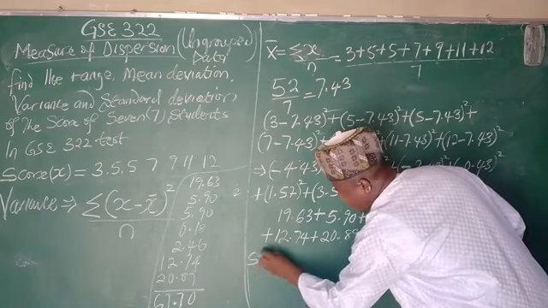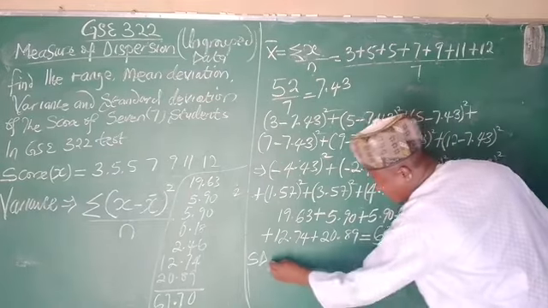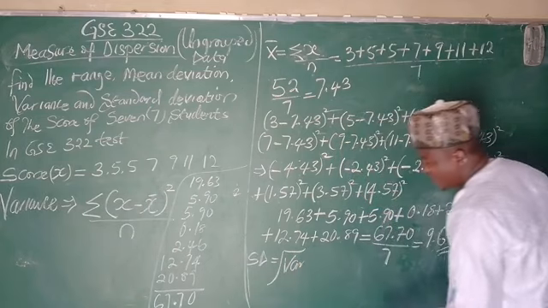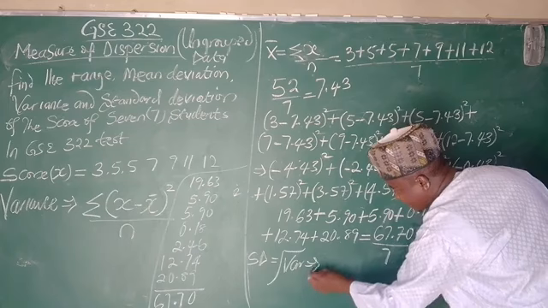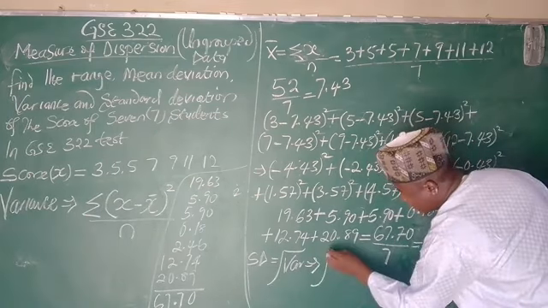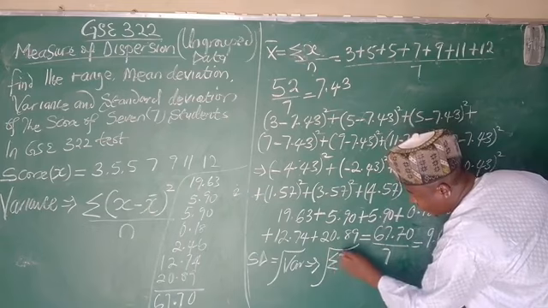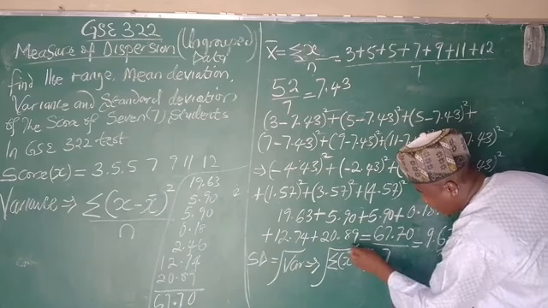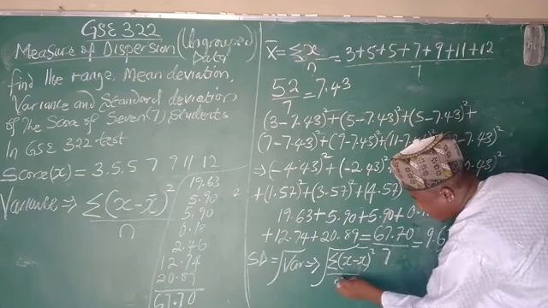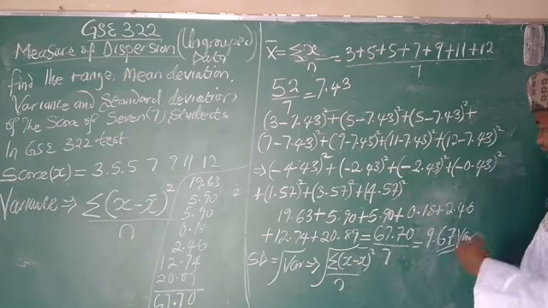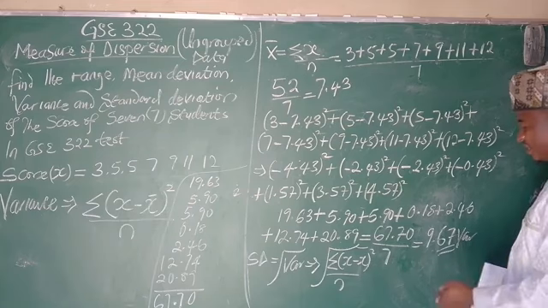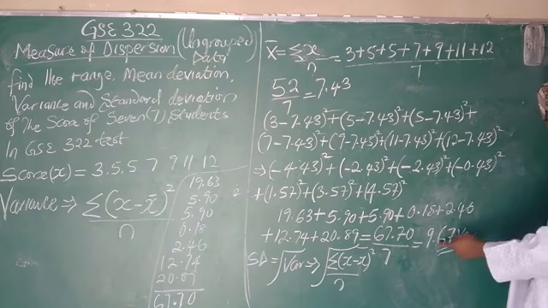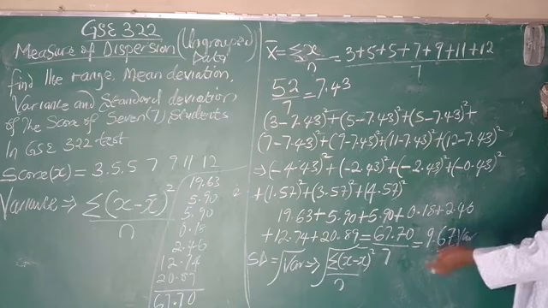Therefore, standard deviation, short written as SD, implies the square root of variance, which implies the square root of summation of x minus x bar square over n.